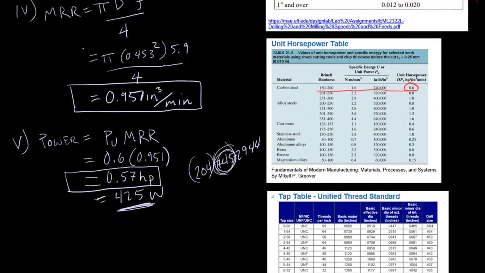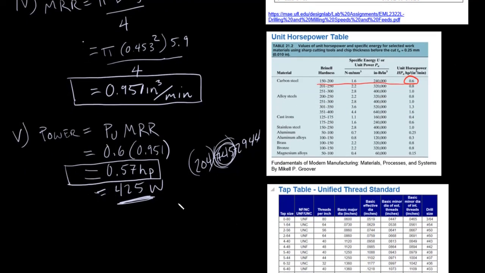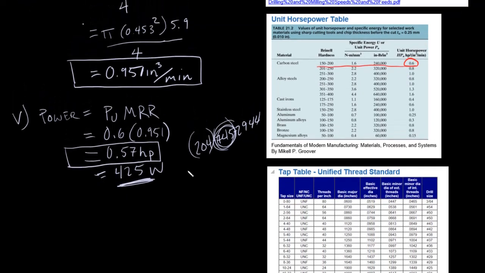If you think about a lawnmower, some lawnmowers are about a quarter horsepower, things like that. So this is about a half horsepower, which puts us into the 425 watt range. So that's not bad.